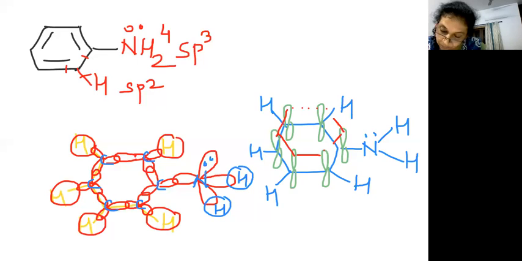So I've joined the topmost orbitals, and with another color, I can join the lower orbitals, showing the formation of the 2 pi bonds. And that's it. That is the structure of aniline. I hope students you have understood that.